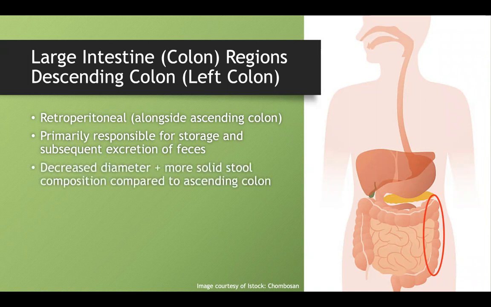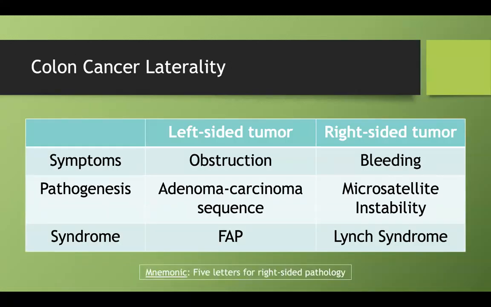And keep in mind, because there's a decreased diameter in this region and the stool has more of a solid composition, you're at a higher risk of obstruction if you do have a tumor growing on your left side. So again, going back to this slide that we'll talk about later, you can see that left-sided tumors are known to cause obstructive symptoms.